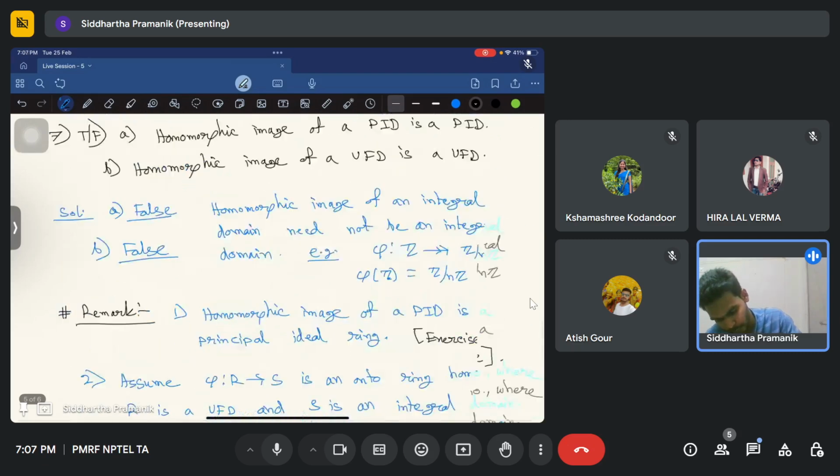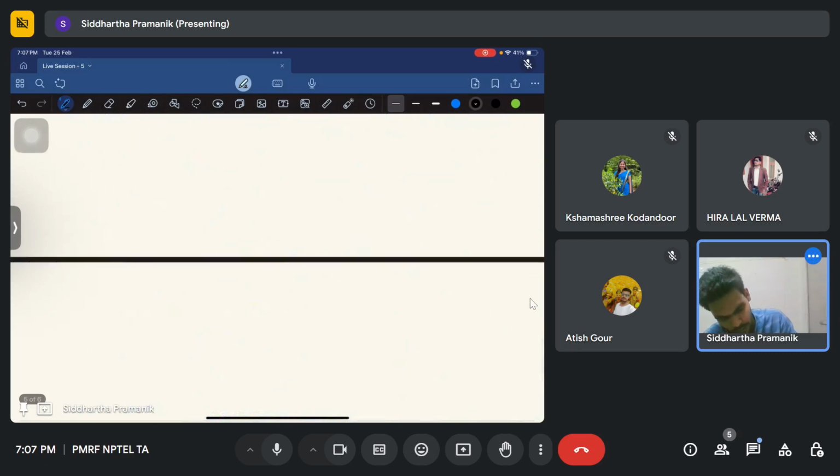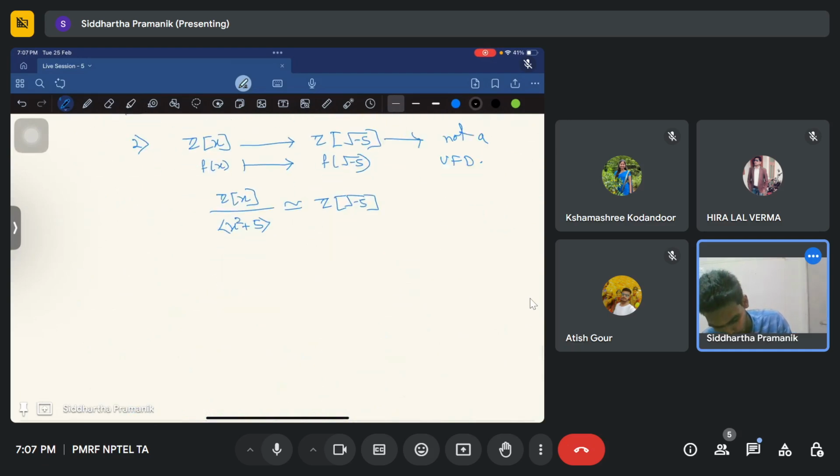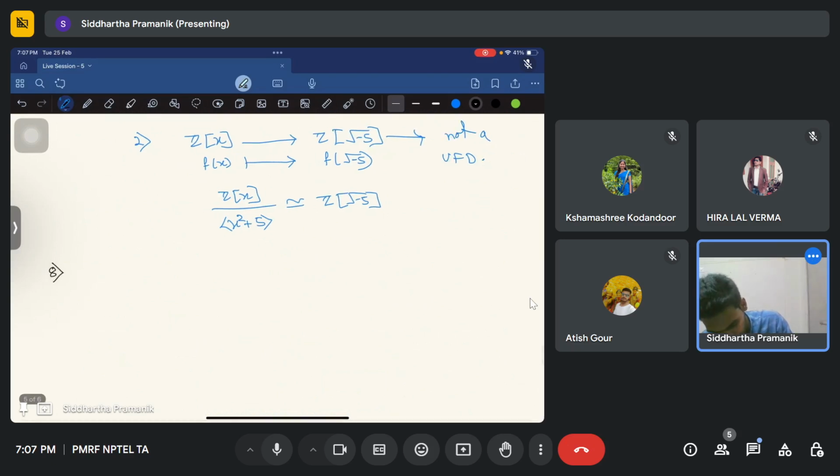So problem number 8. Let F be a field. Then prove that the polynomial ring over F in one variable has infinitely many irreducible elements.